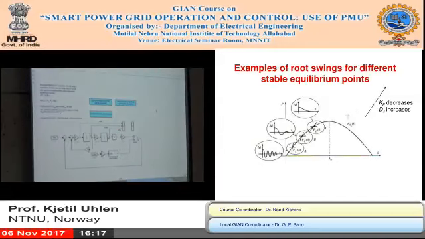We can do exactly the same. And then we can look at the parameters. Grid voltage 0.8. Damping coefficient is 5. Inertia 3.1. Then we can simulate that.